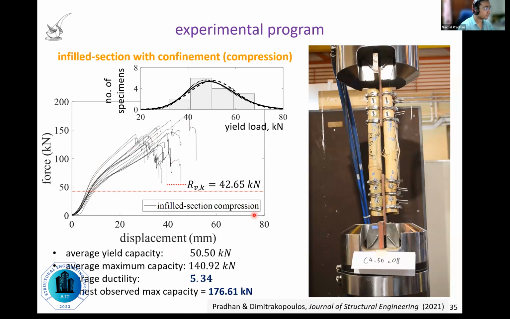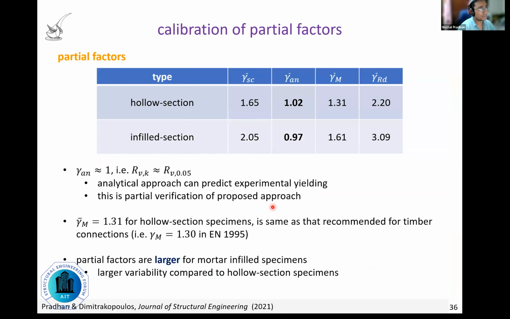Okay. So by doing this test and getting all the population sample statistics, we can finally calibrate the partial factors, and you can see the values over here.